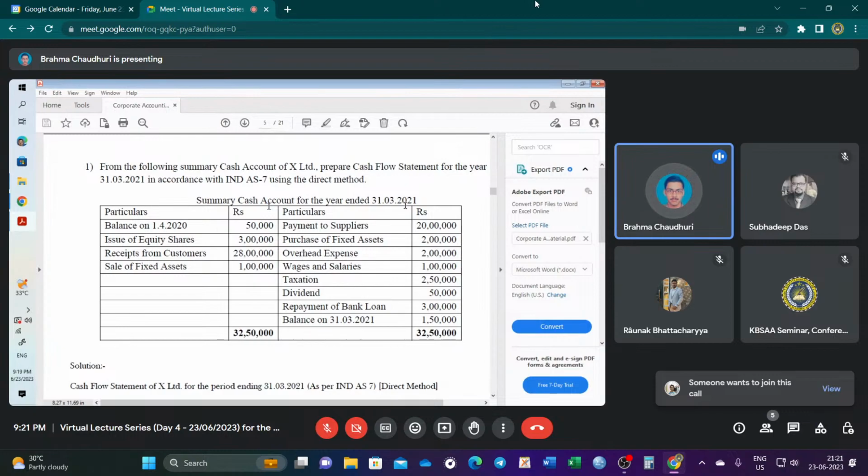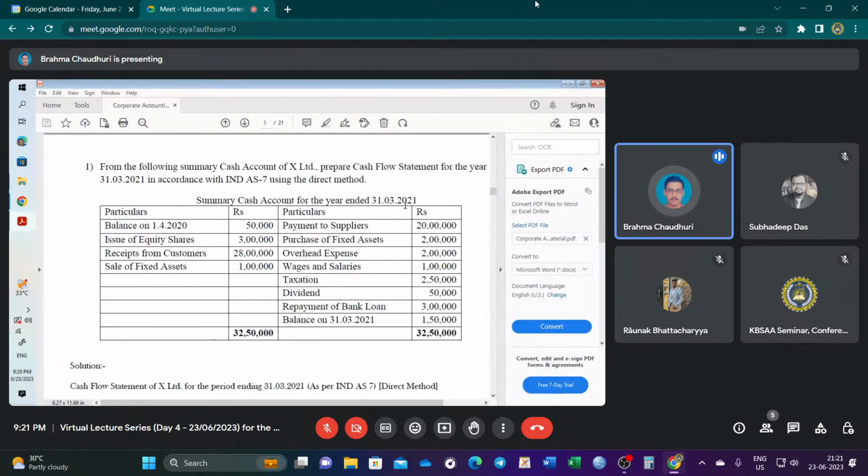Now, for the students, it is very important. While solving this cash flow statement problem, you can readily know whether you have solved the problem correctly or not. After ascertaining the net cash flow, that is the increase or decrease in cash and cash equivalents, you can easily verify by adding the opening cash and cash equivalents.